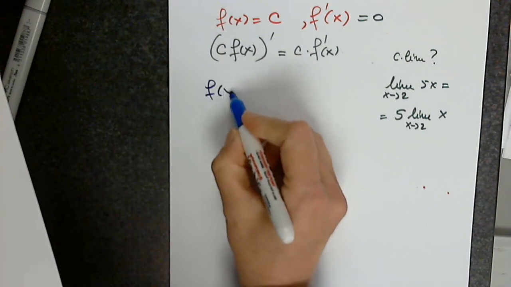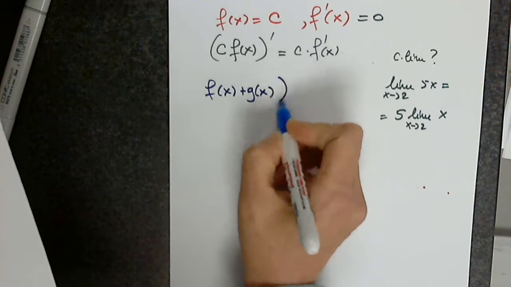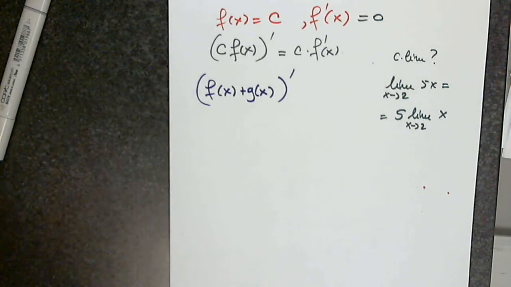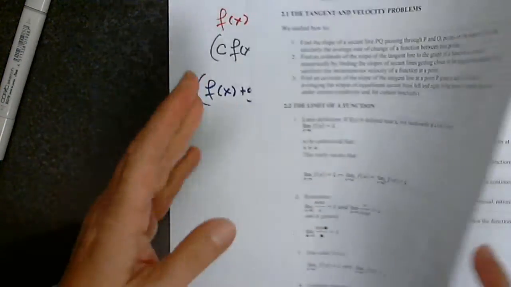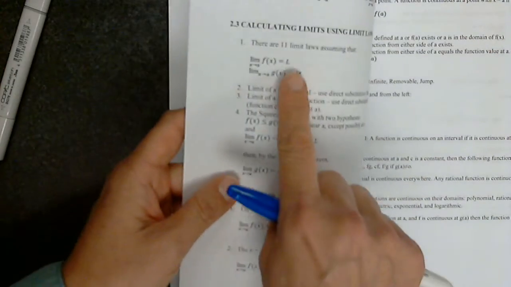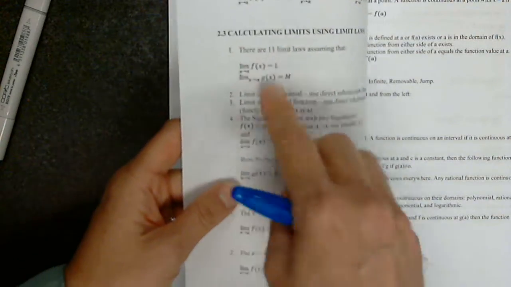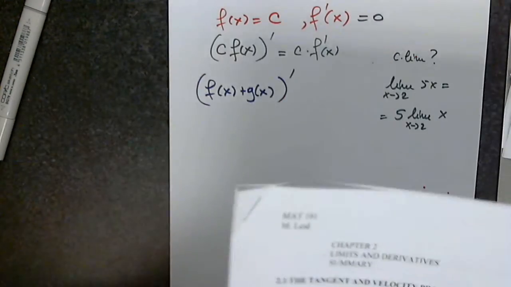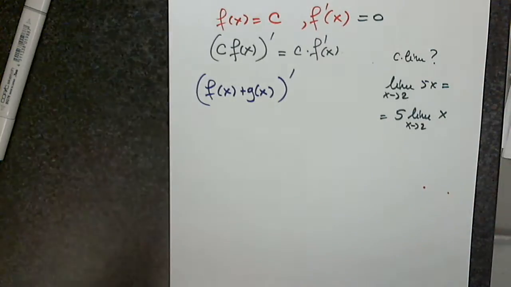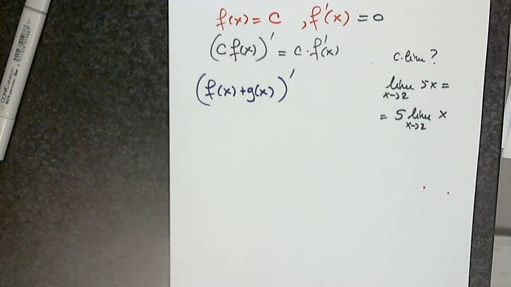So now I want f of x plus g of x. Remember the derivative is a limit. I did not put all the 11 limit laws here because I was lazy, but I'm assuming that those are already embedded in our brain.